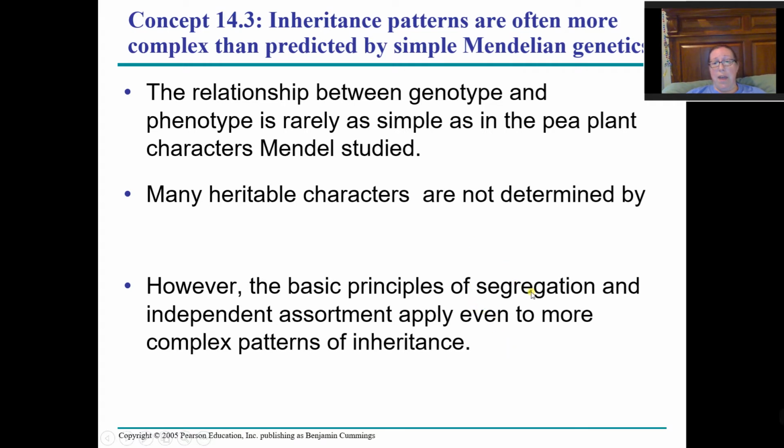But the laws of segregation and independent assortment apply to everything. It either independently assorts, or there's something else about it that's different. Maybe it's linked, or something is different. But that's how these became laws. You can apply them to really, really complex ideas.